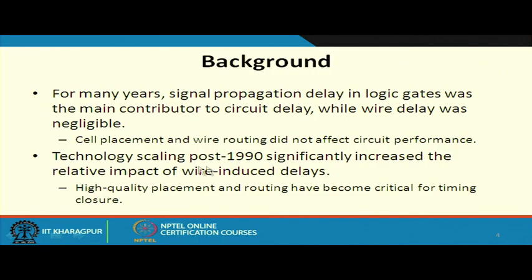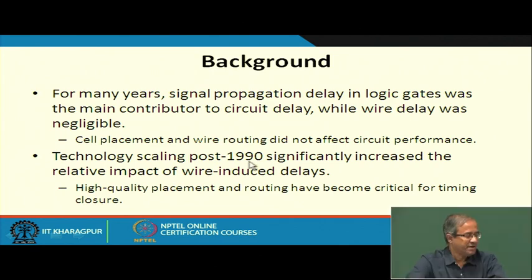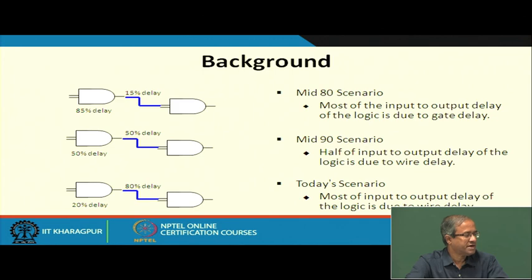But subsequent to the 1990s, when the devices started to scale down, the MOS transistors, this is called technology scaling, the situation started to change. The relative impact of the interconnection delays started to increase, and today we have a situation where the interconnection delay is becoming predominant as compared to the gate or cell delays. So, the next slide will give you an idea.